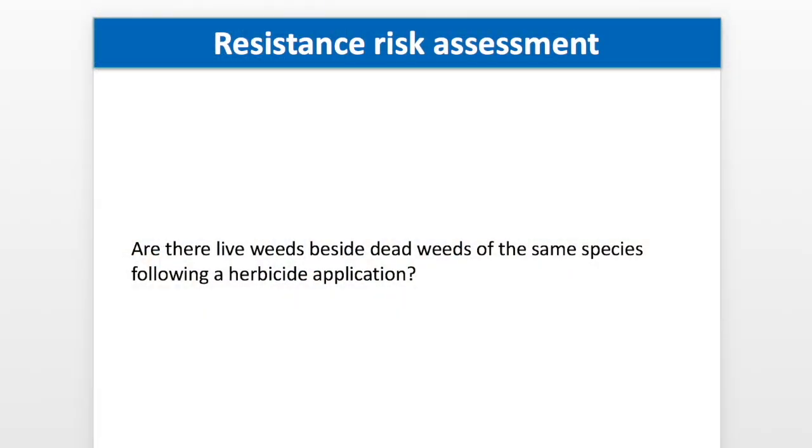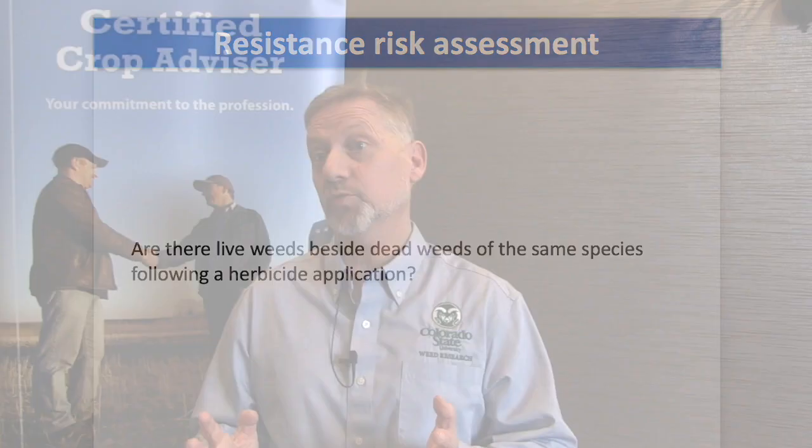Another point you added was, are there live weeds beside dead weeds? Yeah, that's a good telltale factor to look at in your field. As you scout for your weeds after your treatment, a very good telltale sign that you may have resistant weeds would be if you have the same weed species in a patch, and you have living plants next to burned down or dead individuals.